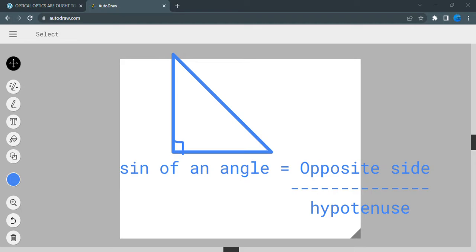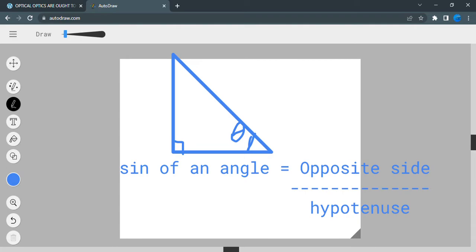So, according to trigonometry, theta is an angle which is not the right angle. This is very easy to understand. This is the theta angle.